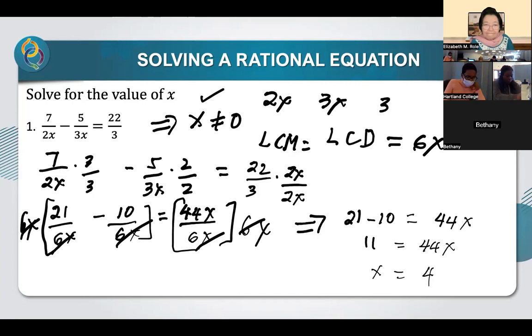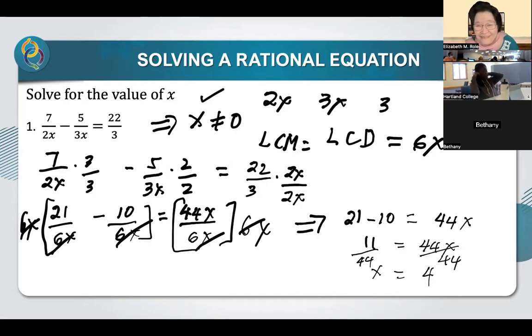How is x equal to 4? Say that again. Oh, I'm sorry. That should be 1/4. Thank you. It should not be equal to 4.